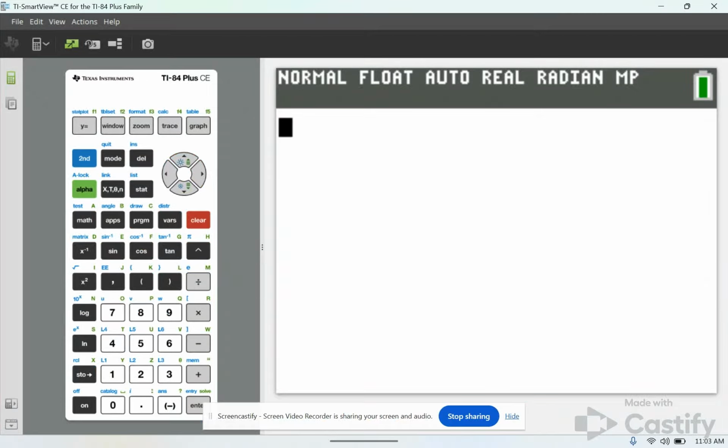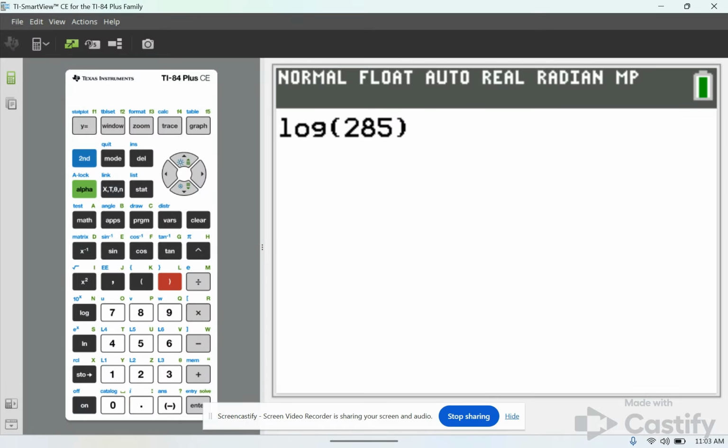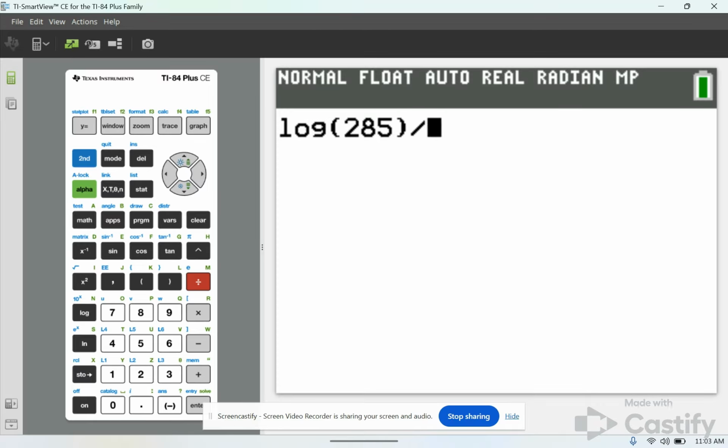So here's my graphing calculator. You'll see the word log here. So that's the button we're going to use. And our number that we had was 285. Here's the key. You have to put that parenthesis in after that log and then divide, because that's showing you're taking the log of 285, whatever number that is, and then we're going to divide it by the log of 15.